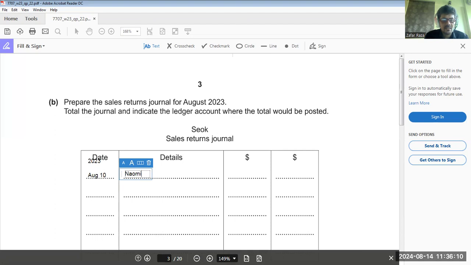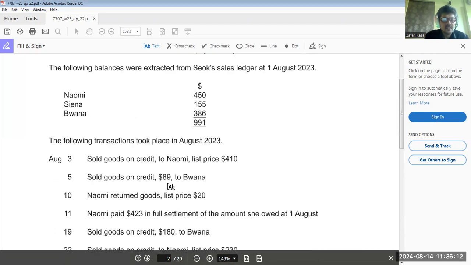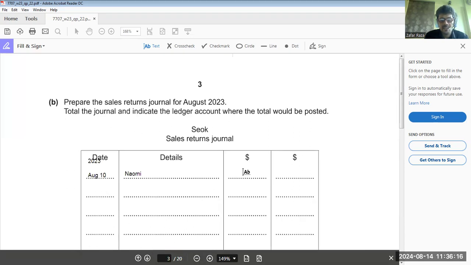And the amount was $20 list price. Because we are giving him discount, we have to deduct 10%. So 20 multiplied by 90%, $18 would be reported over here. Because we are selling to him not at list price but with the trade discount of 10%. So every time we'll charge him 90%.